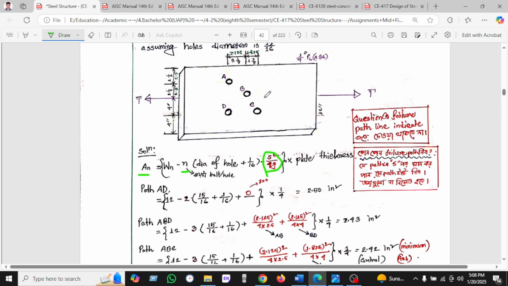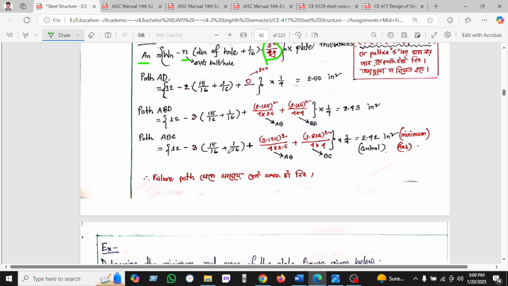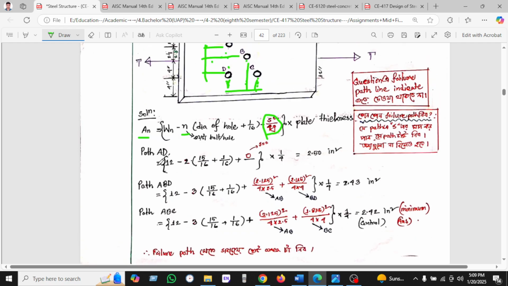As we can see, this is staggered, because the holes are not vertically or horizontally aligned. That's why we are considering this figure as staggered. Okay, so let's see how we'll calculate the path AD.